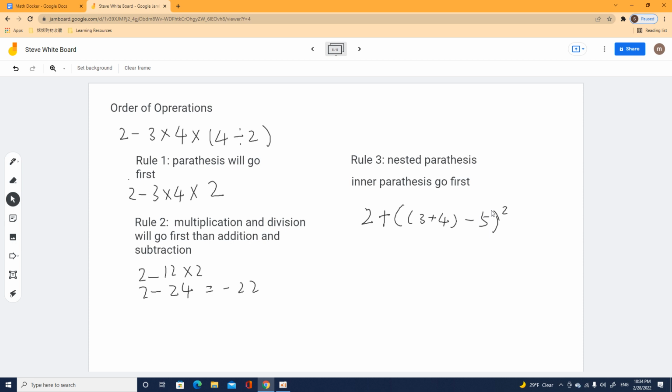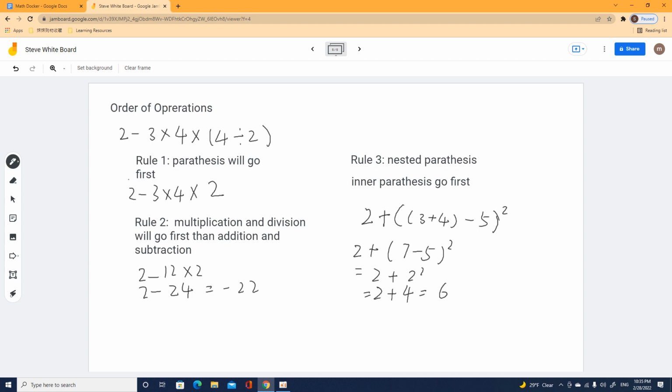So we'll get 2 plus, we calculate the inner first, that is 7 minus 5, then square. Then we calculate this parenthesis. That is 2 plus 7 minus 5, 2 square. And the square basically is a multiplication, so we calculate this first. This 2 square is 4, so the final result is 6.